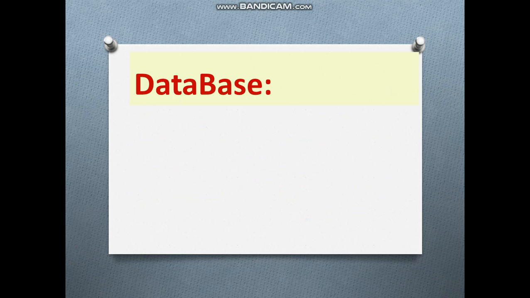Now come to the database. You can consider the database as a person with whom you are going to interact using the SQL language. Before starting the SQL, you should know the basics of database. You can say that it is a collection of related data.